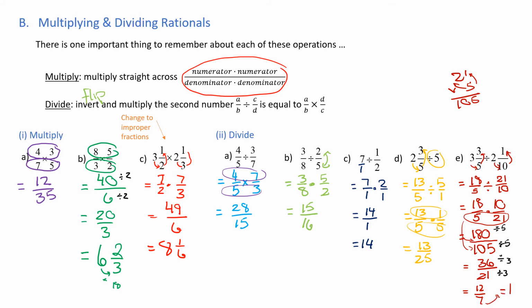That's equal to 1 whole and 5 sevenths. So if you did that on your own and you got 12 sevenths or 1 5 sevenths, that is fantastic. Congratulations, because there were a few little tricky parts in there. There is some multiplying and dividing for you, and we only have one slide left to go.